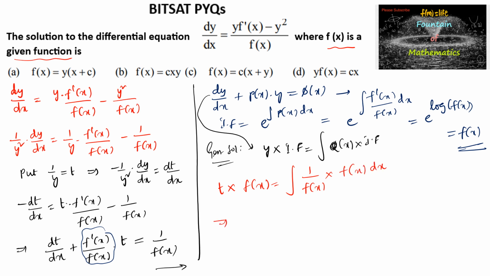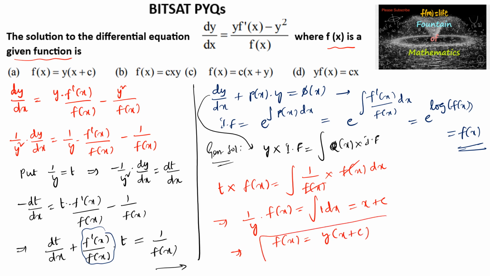So t is nothing but 1 upon y. So 1 upon y into f of x is equal to integration of 1 dx, so that is f of x is equal to y into x plus c. So f of x is equal to y times of x plus c, which is option A.